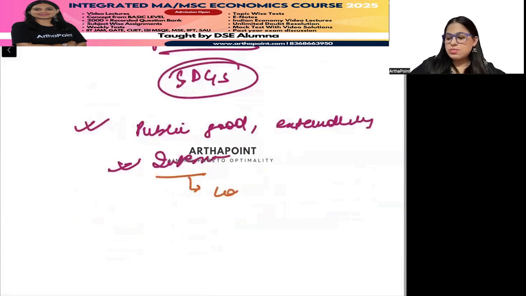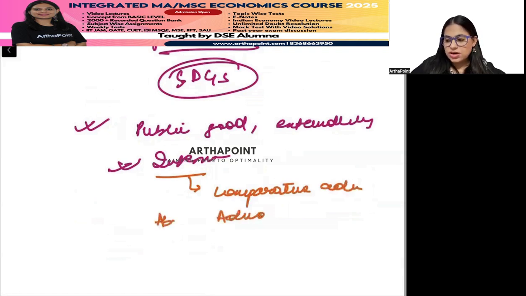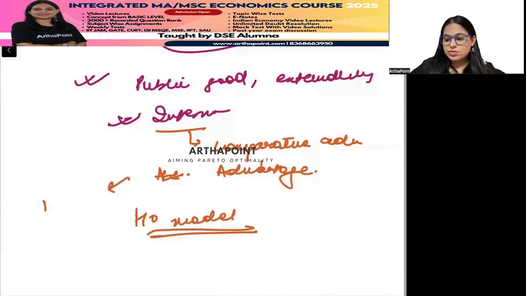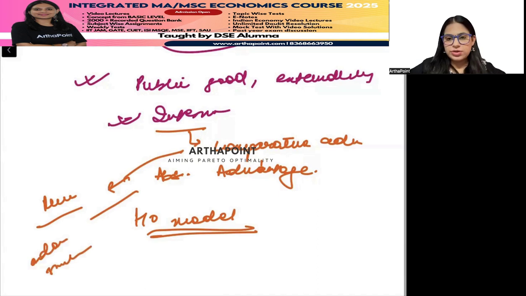You should be aware of how to find comparative advantage and how it is different from absolute advantage. Right, beta? And what is the Heckscher-Ohlin model? Ricardian theory, Ricardo's model, Adam Smith's model. You have to be aware of these, and GATT, WTO are also necessary to know a little.